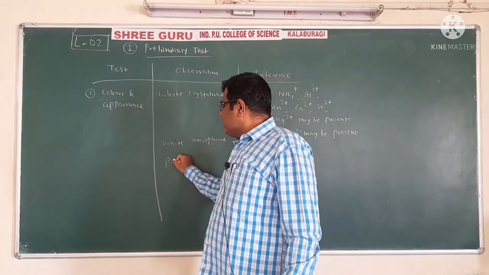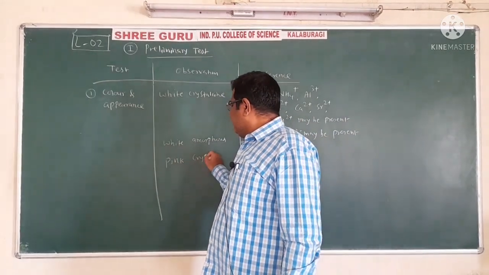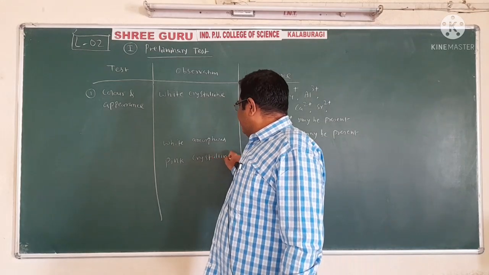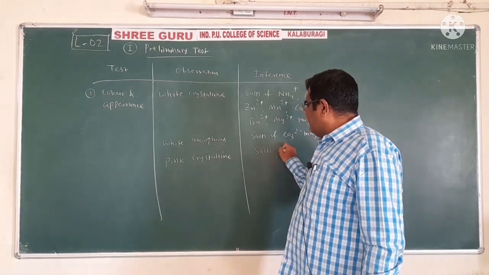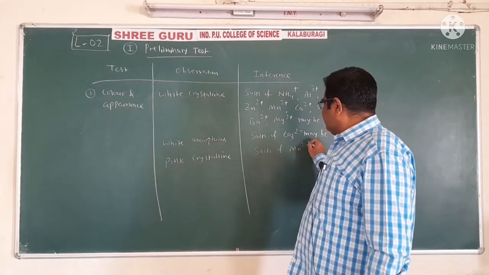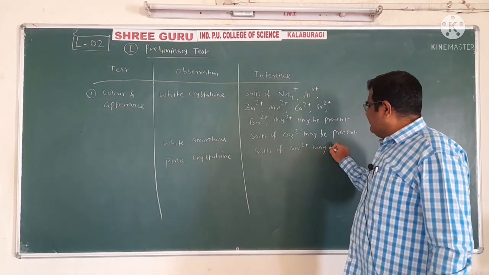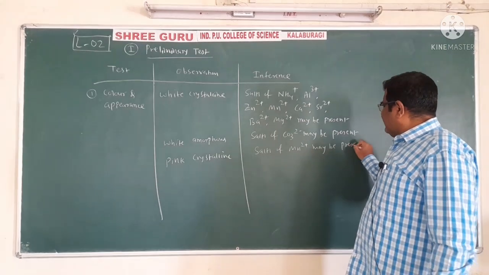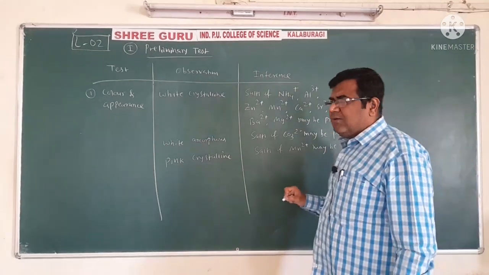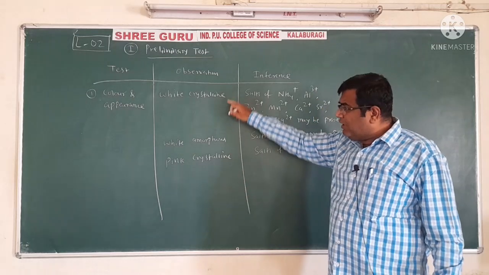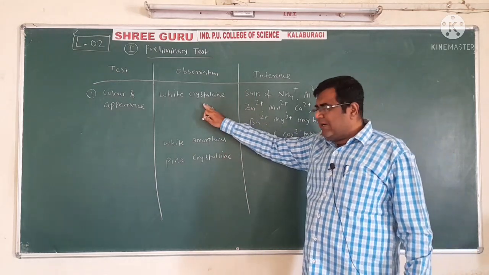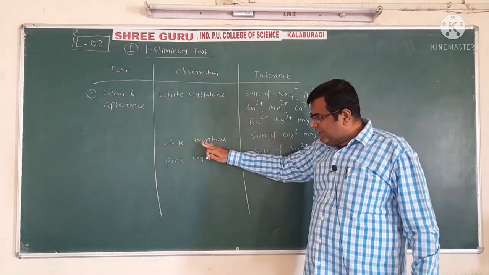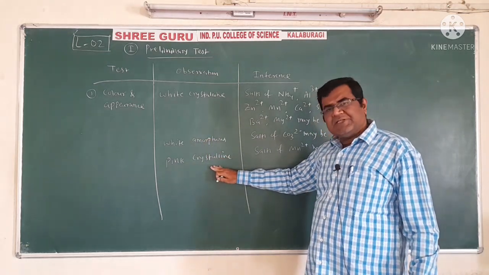Or we can say it is pale pink color and crystalline. If it is like that, we have to say that salts of manganese may be present. So your observation will be one out of these three, not all these three. Either your salt will be white crystalline, or it is white amorphous, or it is pink crystalline.